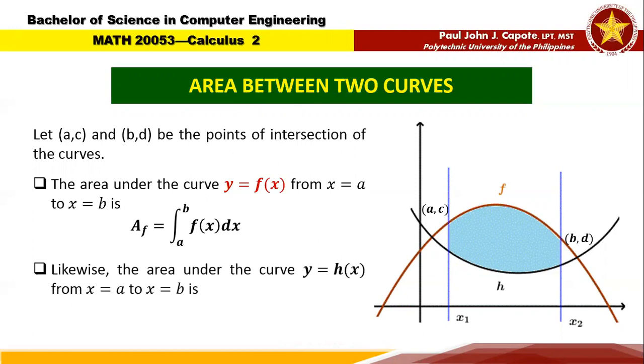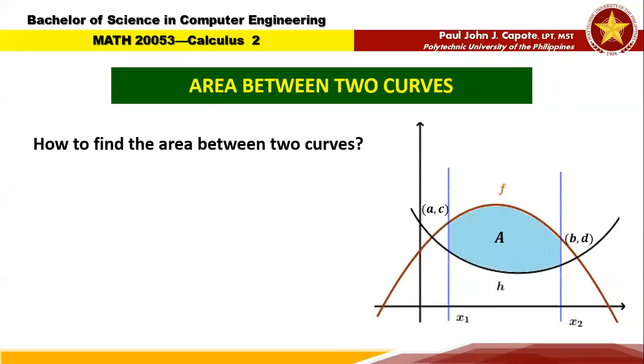Likewise, the area under the curve y equals h of x from x equals a to x equals b is the definite integral of the function h of x dx from a to b.